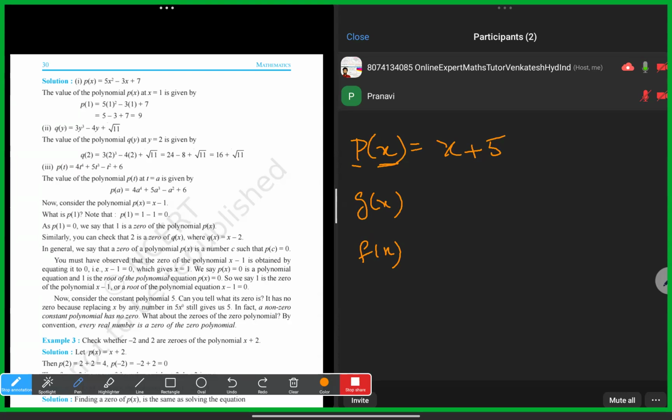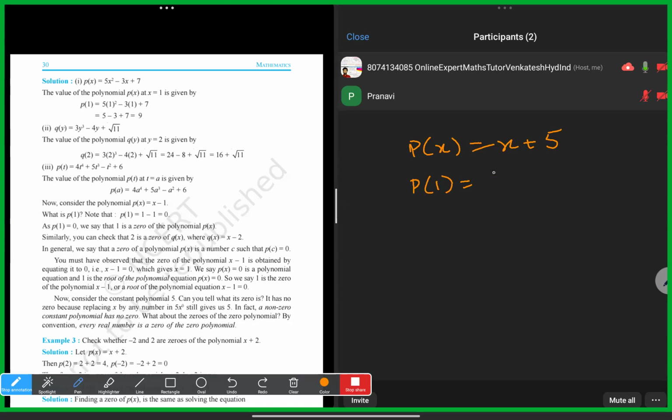The representation of the polynomial: inside the bracket, if x is there, it means the polynomial contains variable x. If y is there, it means the polynomial contains variable y. Now finding the zeros of the polynomial x plus 5. p of 1 means we substitute the x value as 1, so 1 plus 5 is 6. The polynomial x plus 5 has value 6 when x is 1.